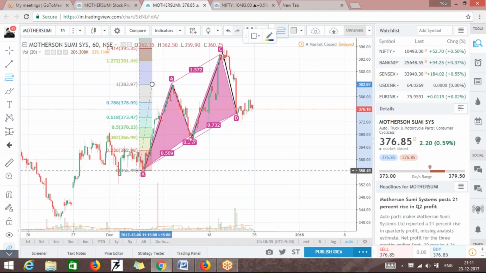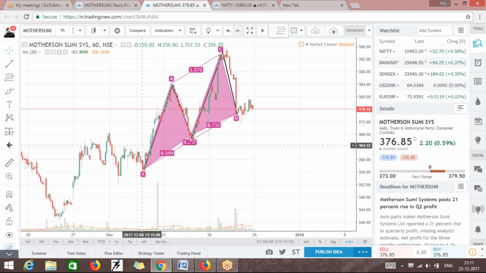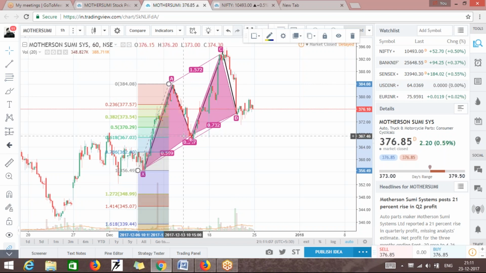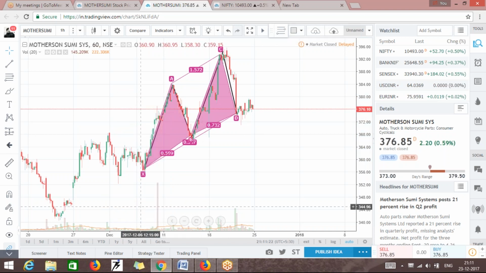If you could see here, this level is 518. So 1.272 to 1.414 it should be. Okay, sorry, again I am taking that one.